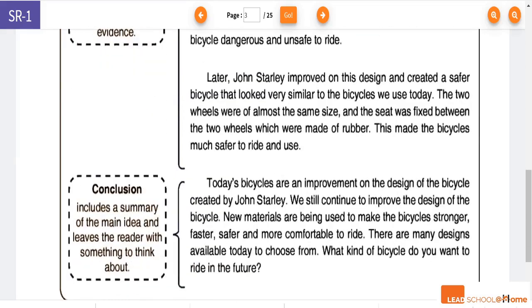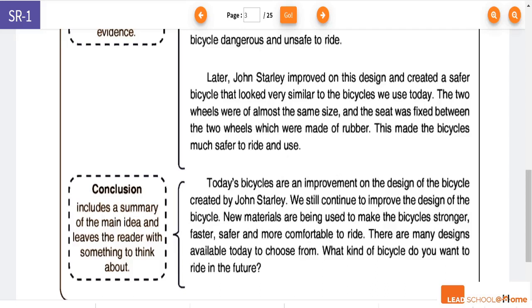John Starley improved on this design and created a safer bicycle that looked very similar to the bicycles we use today. The two wheels were of almost the same size and the seat was fixed between the two wheels, which were made of rubber. This made the bicycles much safer to ride and use.